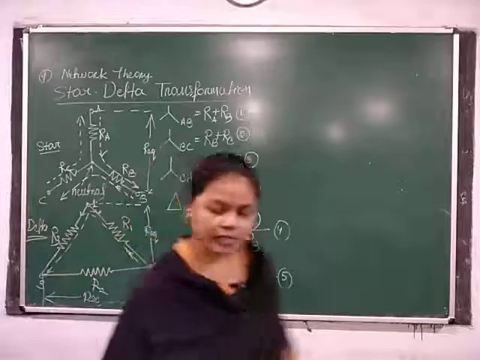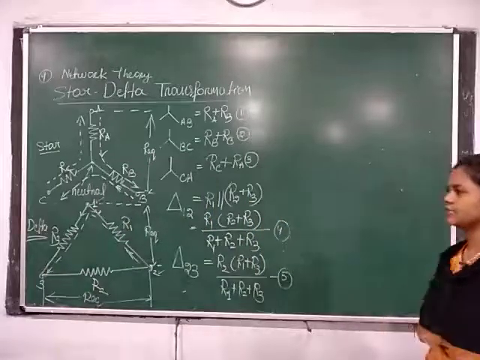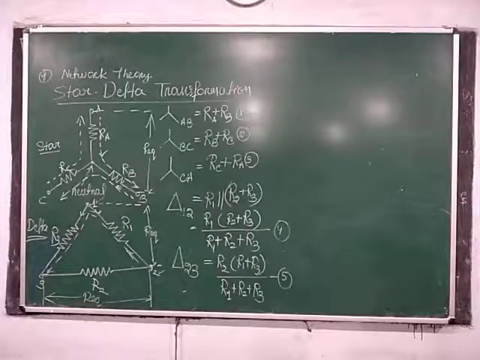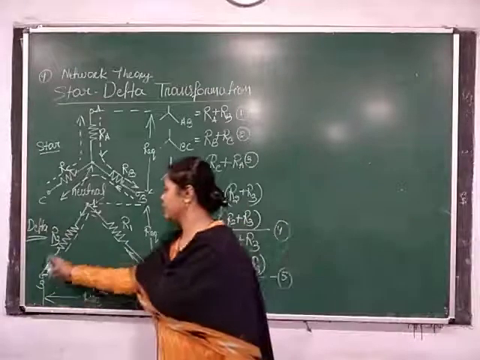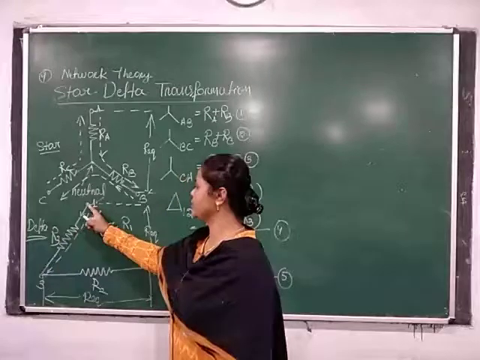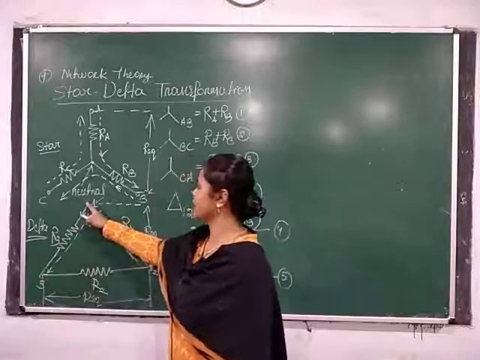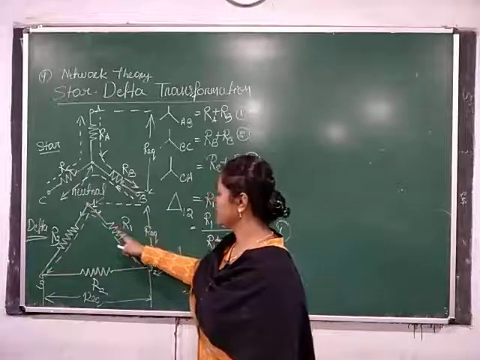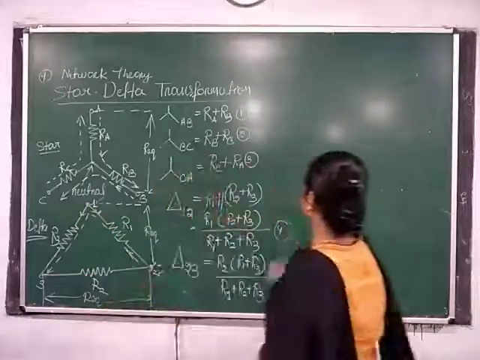Then similarly you find the equivalent resistance between terminals 3 and 1 in the delta connection. If you take these two terminals, then this R3 branch is in parallel with the series combination of R1 and R2.